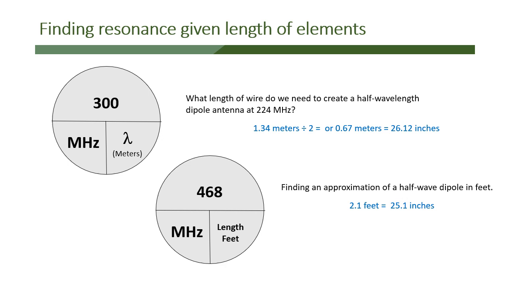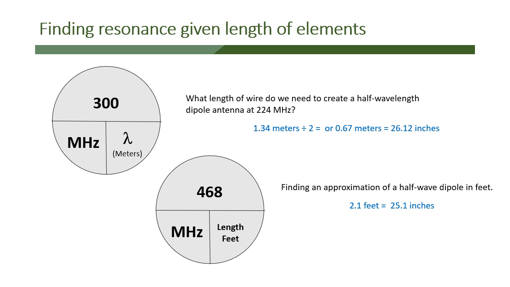There is a difference between these two formulas so that you don't get exactly the same number. But in practice, when we're designing an antenna, we use that 468 number instead to give us the length in feet. And it's general practice, if you're building your own antenna, that we always build the antenna longer than we calculated for. So if I were building this antenna for 25.1 inches, I'd probably cut the antenna initially for like 28 or 29 inches.